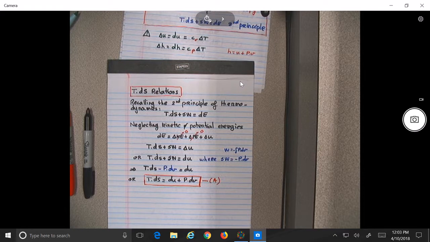So here we got the first TdS relation in function of U. Okay?